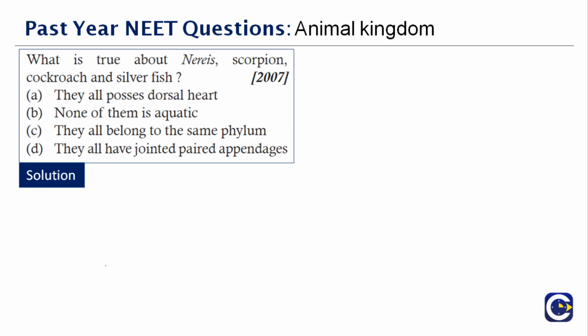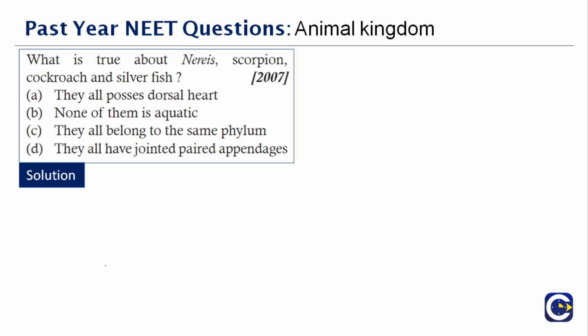What is true about all of these? All four, Nereis, scorpion, cockroach, silverfish, possess a dorsal heart. What do you mean by a dorsal heart?